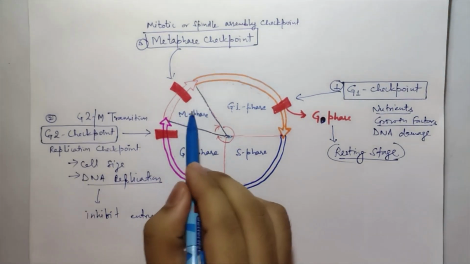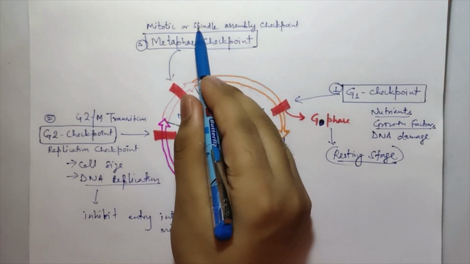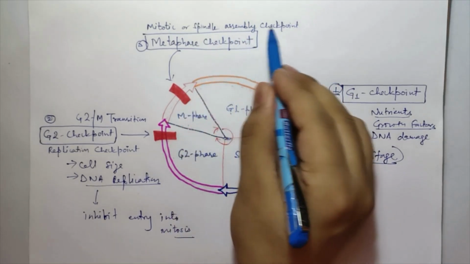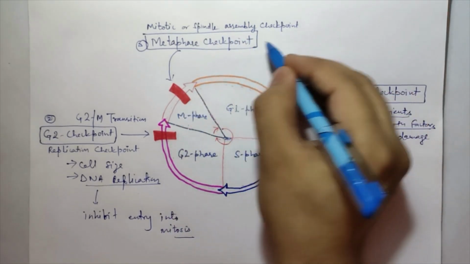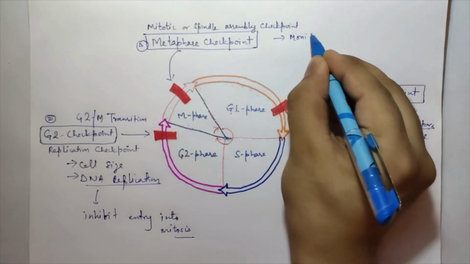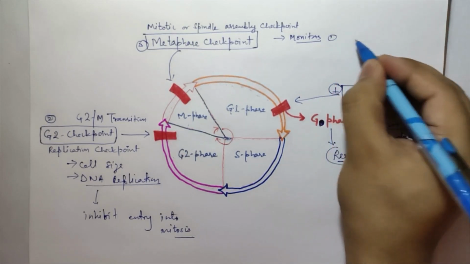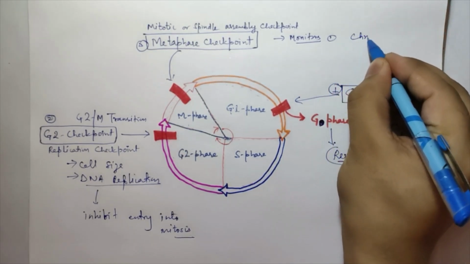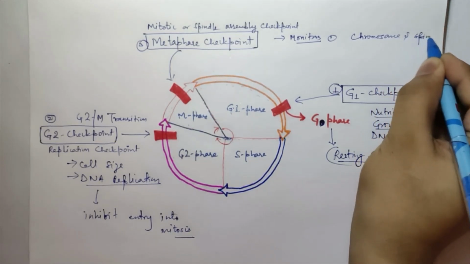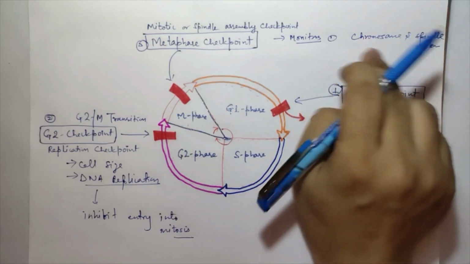And in metaphase, there is the metaphase checkpoint, also called the spindle assembly checkpoint or mitotic checkpoint. Here it has two major functions. First, it monitors whether chromosomes and spindle fibers are properly attached.